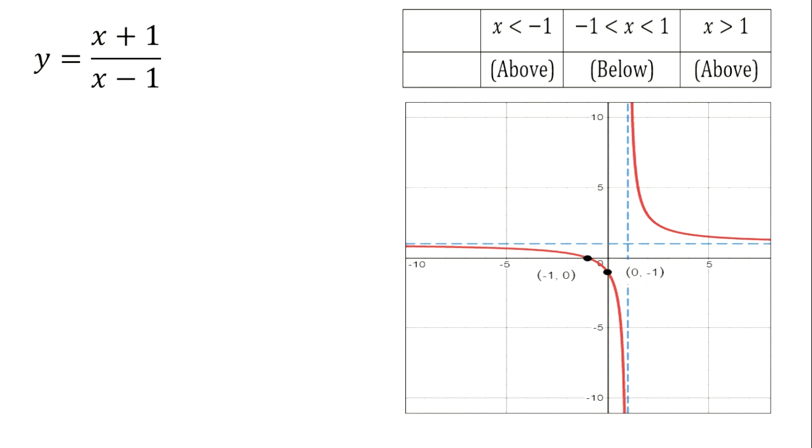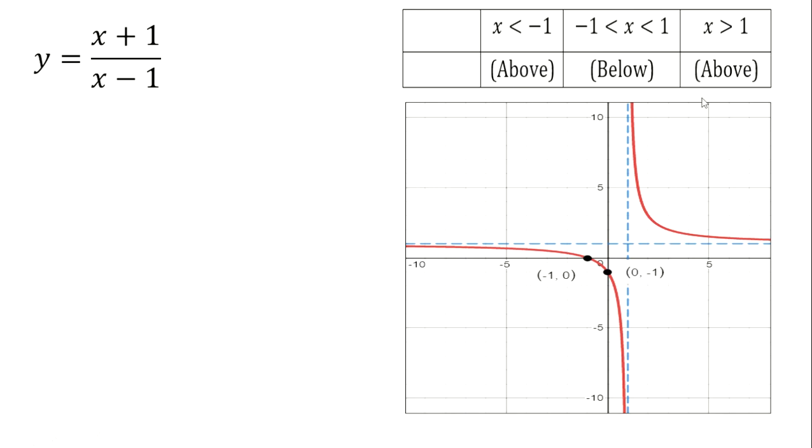So as you can see here, if we use the sign table, x is less than negative 1, it is above the x-axis. While between negative 1 and 1, it's below the x-axis. Also, we have the intercepts, negative 1 comma 0 and 0 comma negative 1.